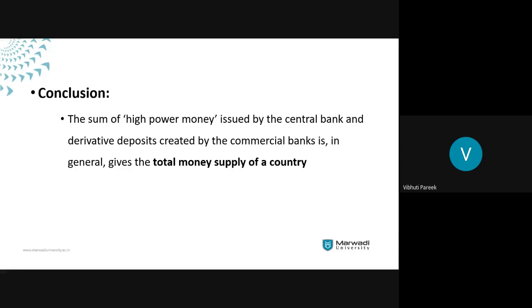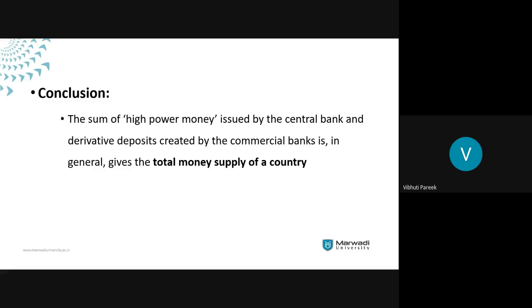As soon as people's plans come to a standstill, the requirement of loans in the market reduces. So any further credit creation or secondary deposit creation also comes to a halt.